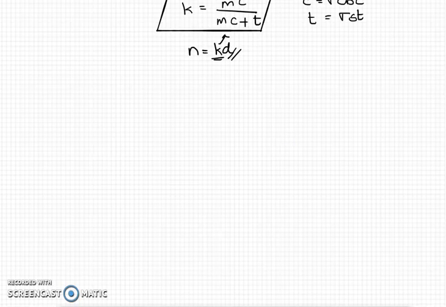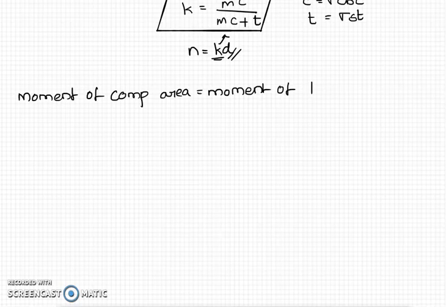So by equating moment of compression area equal to moment of tensile area, we had done the same procedure for singly reinforced section also, so we are doing the same thing here.